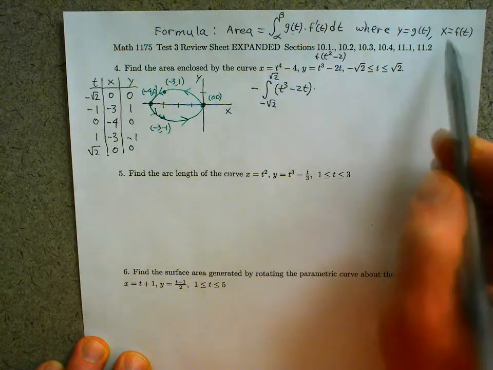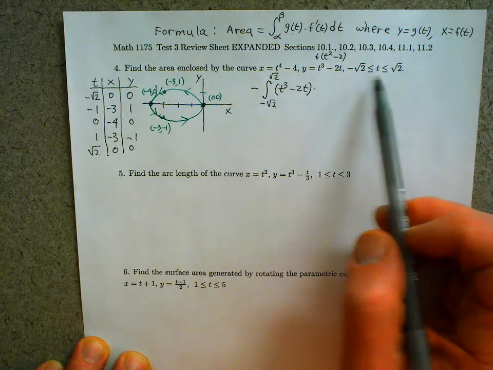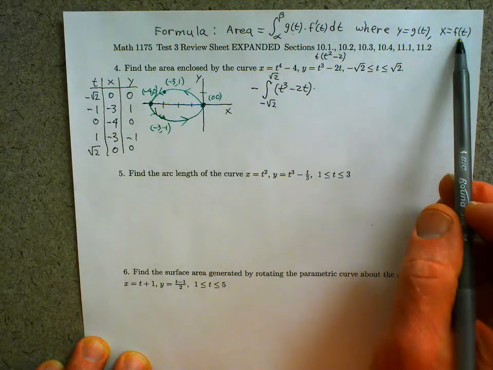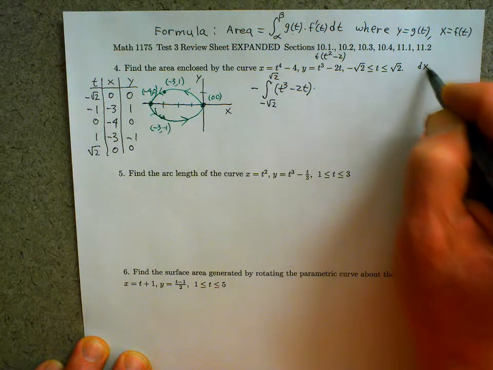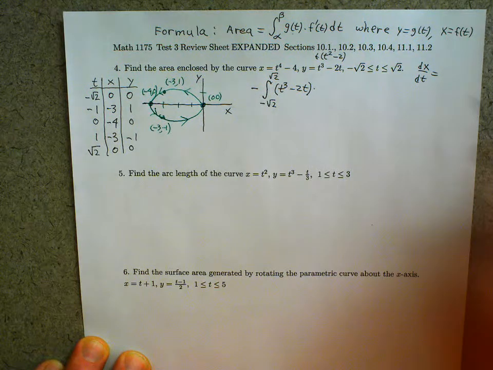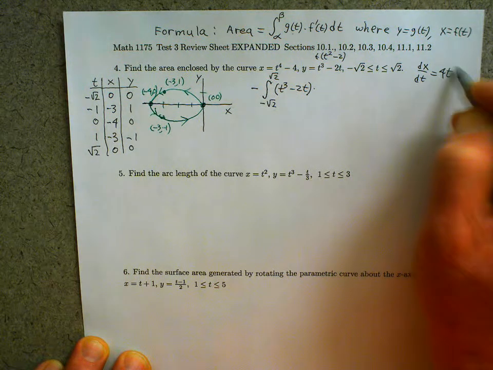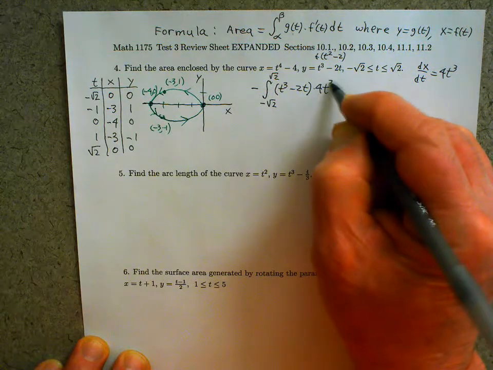And then we multiply that by f prime of t dt, where x is equal to f of t. So dx dt, we need to know that. It's just 4t to the third. So in the integrand, we write 4t to the third dt.